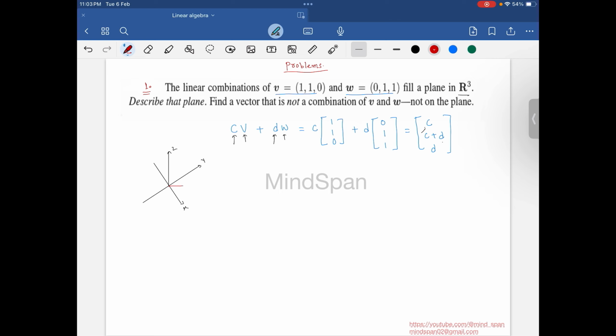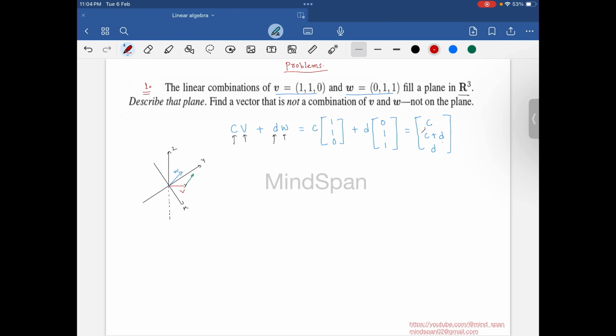Let's suppose that this is a vector v in xy, and let's suppose this is a vector w, maybe this one, right? This is a three-dimensional space if you are able to visualize it. And in this you will have the plane, let me draw that.